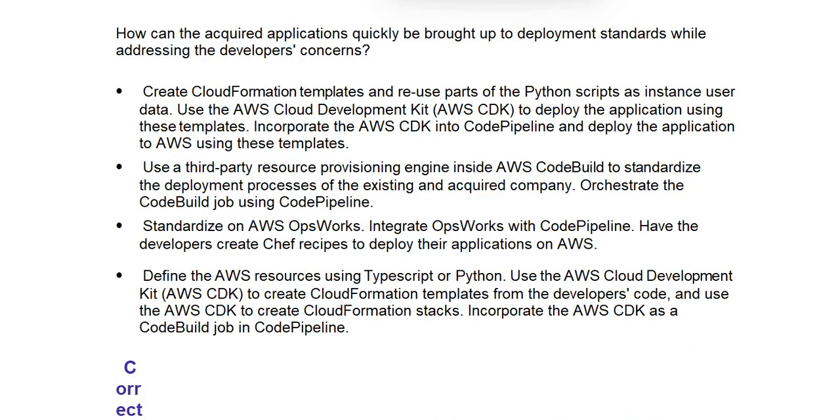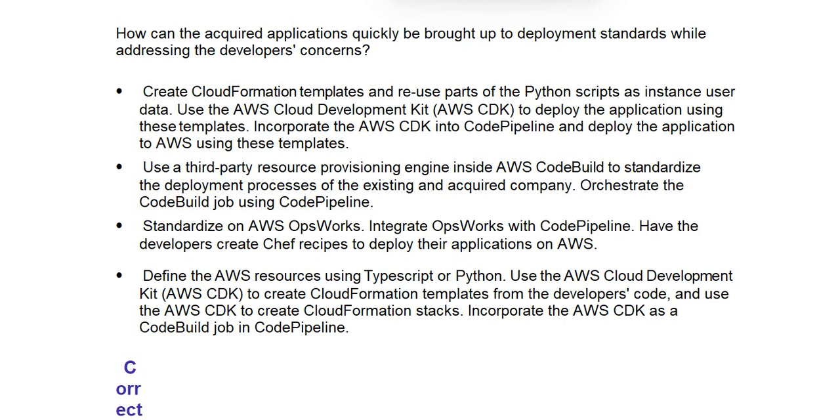Option A. Create CloudFormation templates and reuse parts of the Python scripts as instance user data. Use the AWS Cloud Development Kit (AWS CDK) to deploy the application using these templates. Incorporate the AWS CDK into CodePipeline and deploy the application to AWS using these templates.